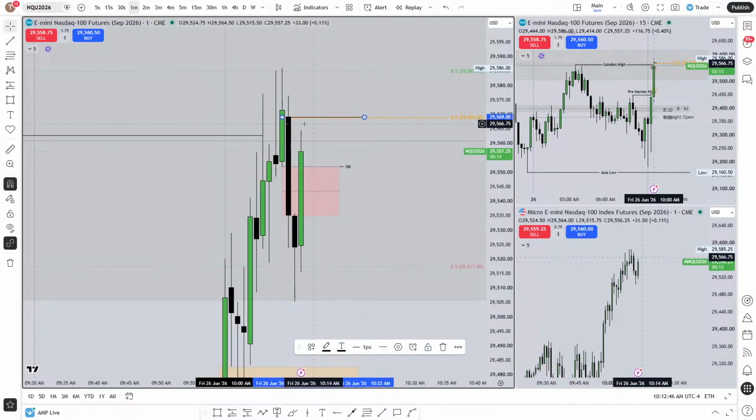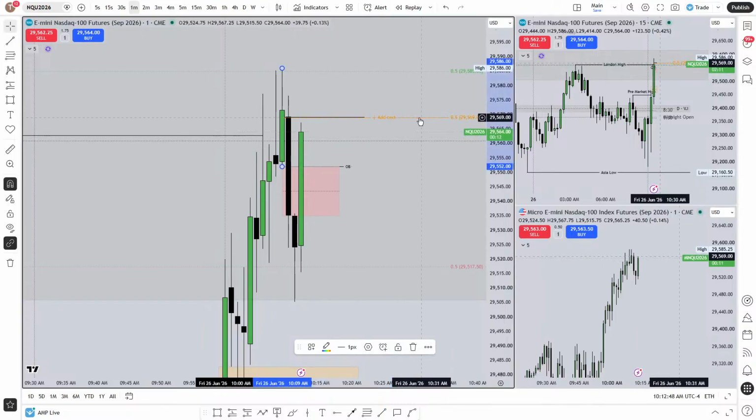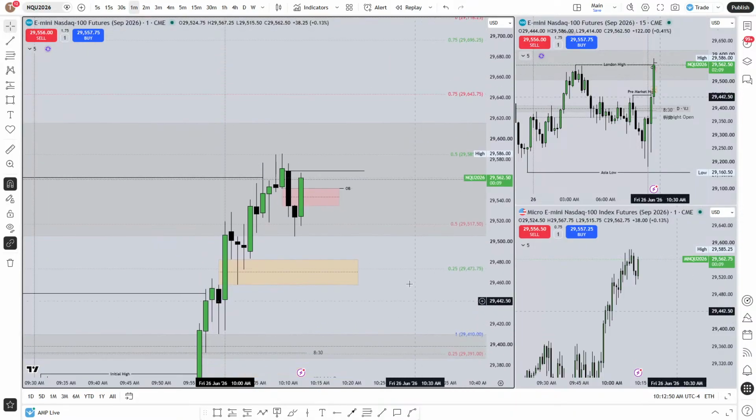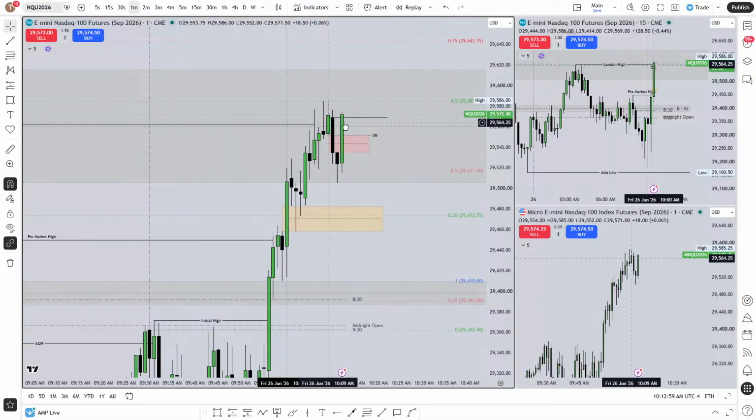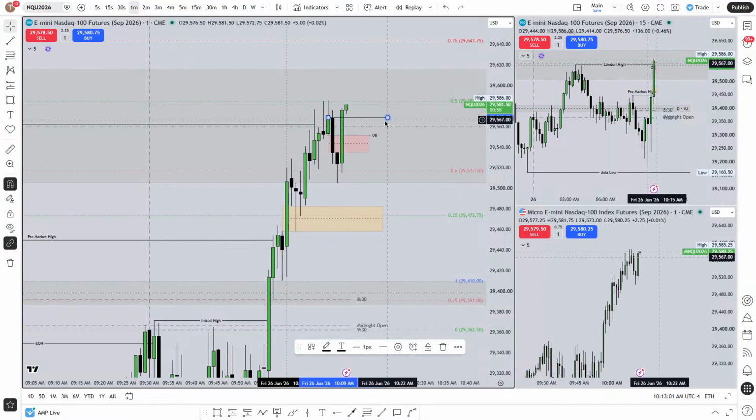We cannot close above this level right here. All right, so that's why we wait. Wait for those bearish characteristics.